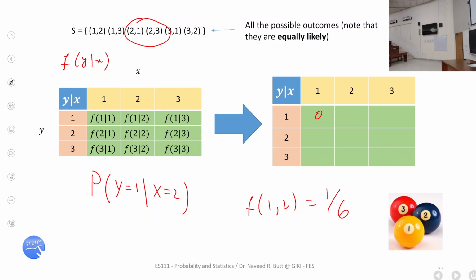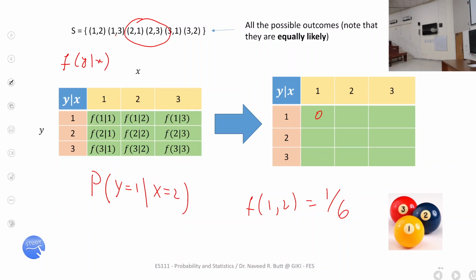So you already know that now the second ball, since the first ball showed a 2, these cannot have happened, these cannot have happened. Yes? Only one of these two could have happened. Now you want to answer what's the probability that y takes the value 1. So the second ball will take either 1 or 3 with equal probabilities, equally likely.